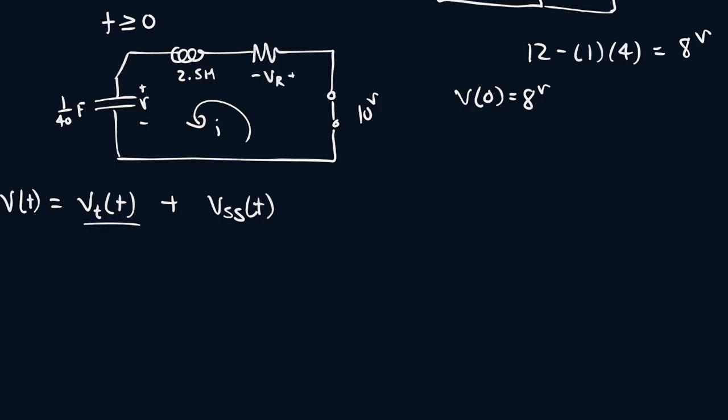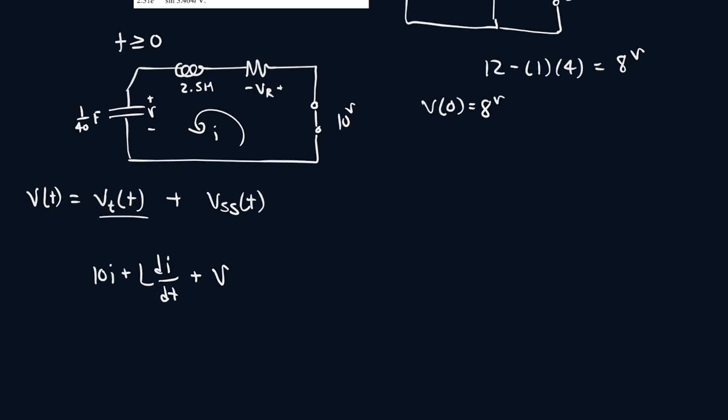So we're going to say this is I. So it's going to be 10I plus the inductance times the change in current over the change in time. That'll give you the voltage here. Plus the voltage at this capacitor.